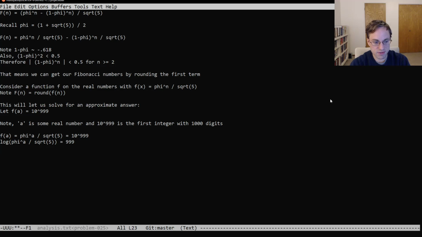Then applying some more rules of logarithms, you get a times log of phi minus log of square root of 5 equals 999. And solving for a, we get a is equal to (999 plus log of square root of 5) divided by log of phi.